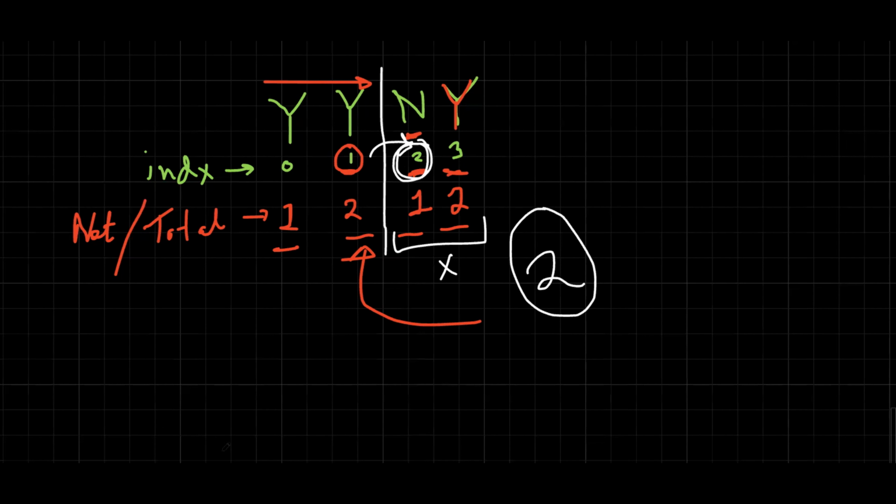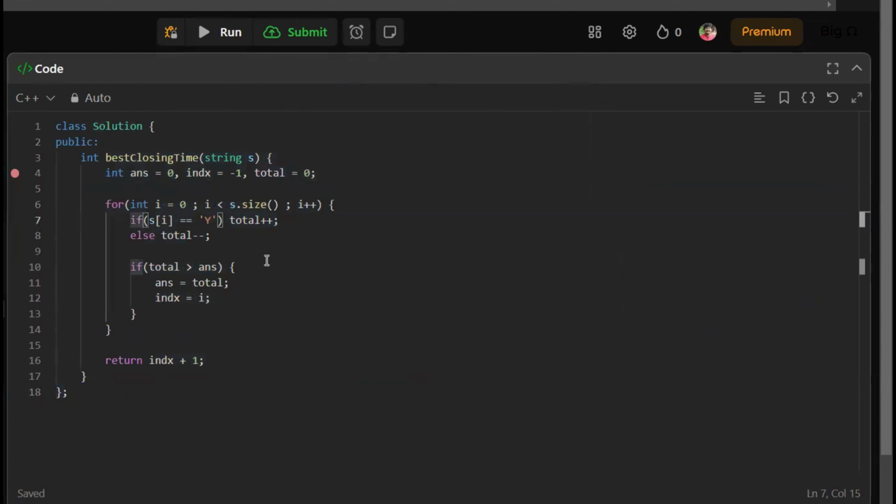Now let's move on to the code. In this problem, the code is pretty simple. At first, we are given a function named bestClosingTime, and we are given a string as a parameter. We are taking some variables: answer, index, and total. Now we run a loop from 0 to the size of the string and calculate the net total. If the corresponding element is Y, we increase the total.